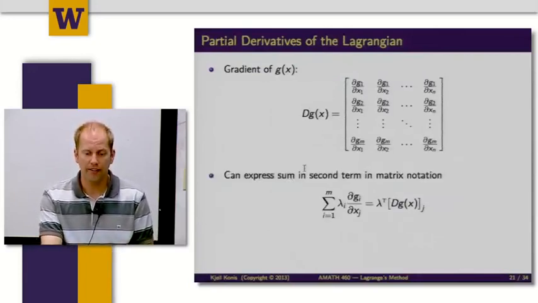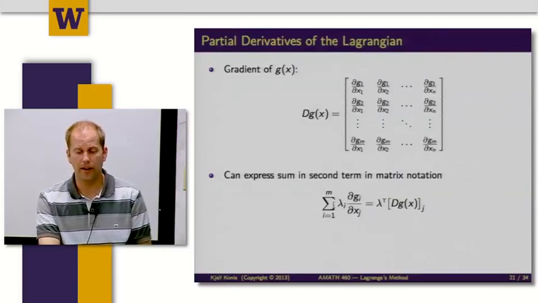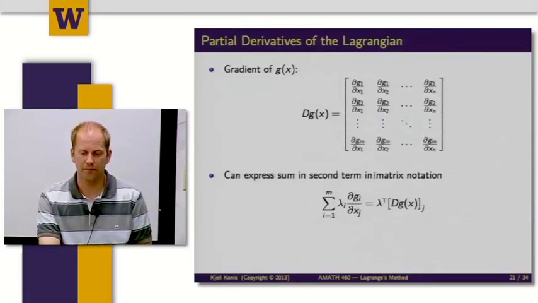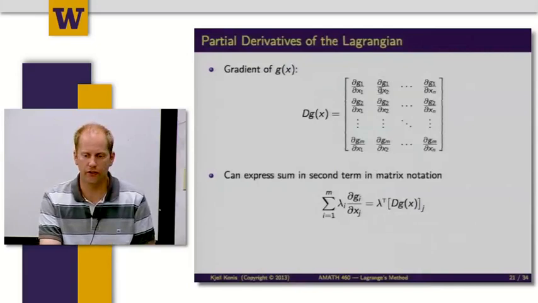So now I can express the sum in the second term using matrix notation. I had this sum of lambda i times the partial derivative of gi with respect to xj. If I look at a column here, if I pick a particular j, suppose I pick j equals 2, that's going to be the second column of this matrix.